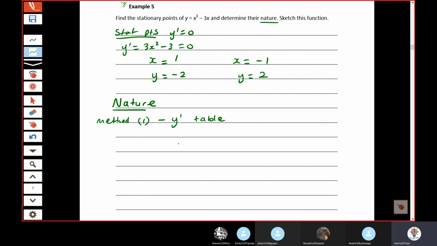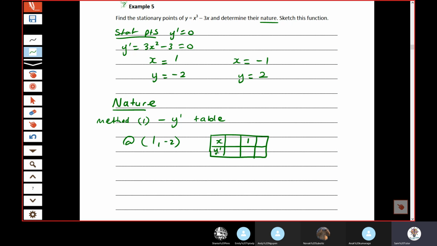Method 1, y dash table. All right, here we go. We've got 2 points, 1 and negative 2. Here's my y dash table. It's going to be x and y dash. The middle component is 1. Obviously, x is 1.